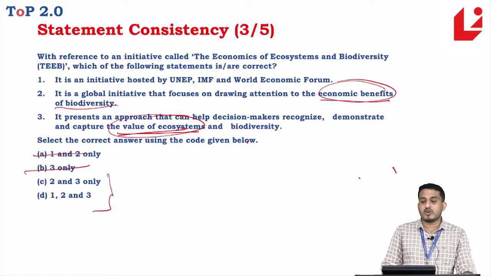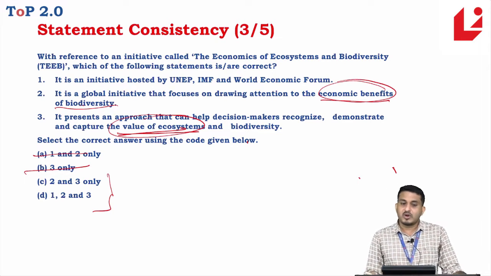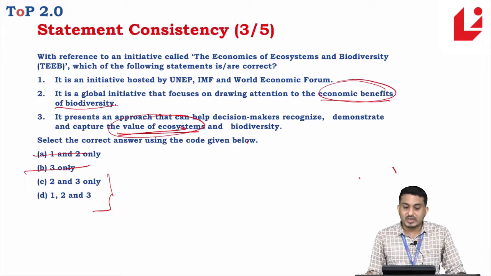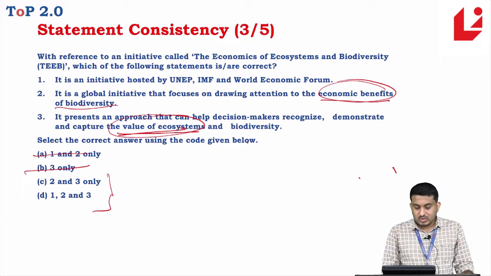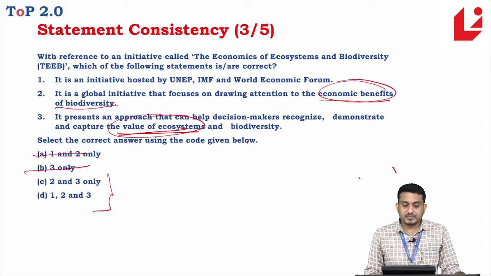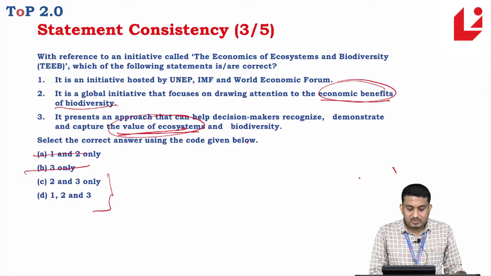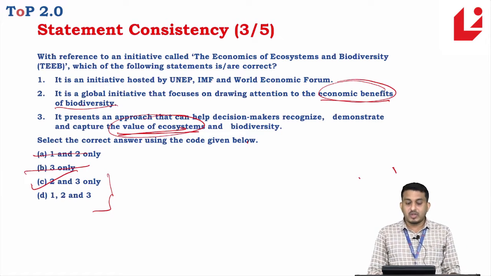The combination of all these techniques will help you either eliminate a few options, or in some cases arrive at the right answer. Alright. So in this particular question, the first statement is actually wrong. I told you that's a basic fact. So if the first statement is wrong, what is the answer? The answer is C, 2 and 3 only.